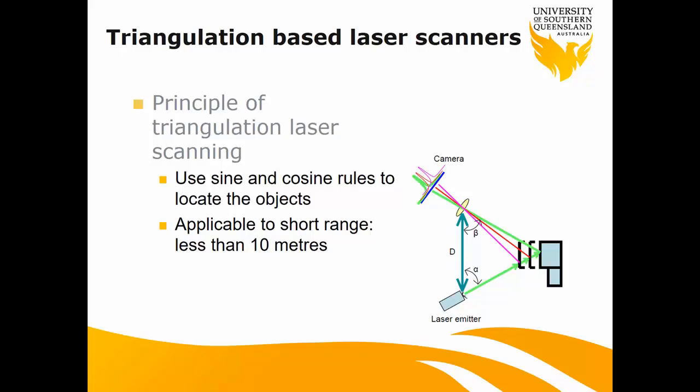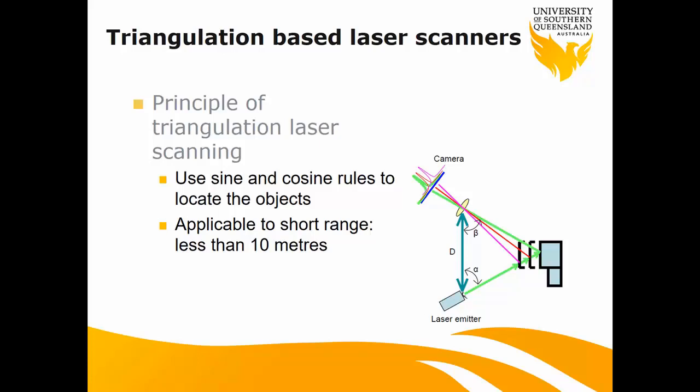So in this triangle, we can calculate this range from instrument to the object at very high accuracy. It's actually not difficult to measure these two angles at a very high accuracy.